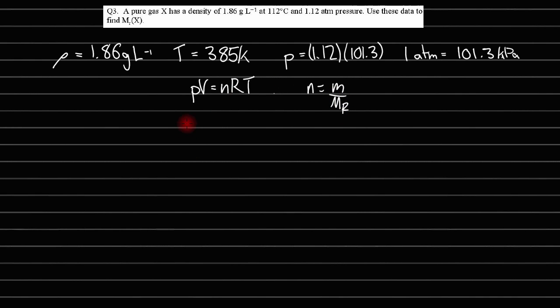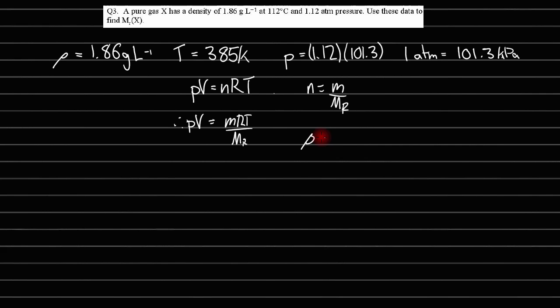So we can substitute that in, so therefore PV is equal to mRT over Mr. But we don't know the mass of the gas, but we do know an equation that links density and mass.